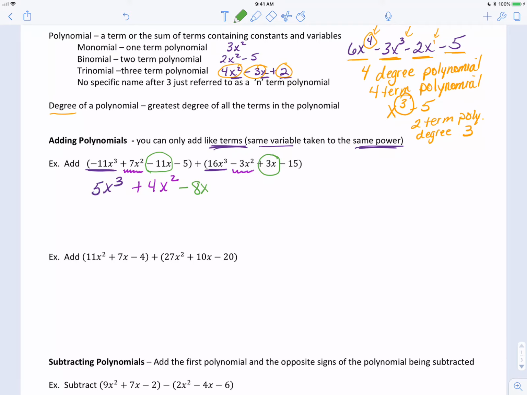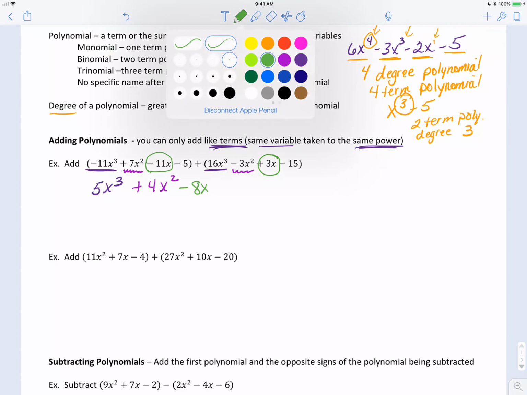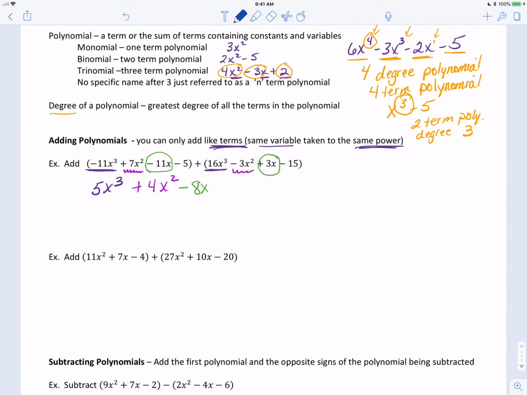We are never changing that variable. And last, then, we have this negative 5 and a negative 15. We're adding those together, so that makes negative 20. And that is your final answer, because we've joined all of our like terms together, and that's as far as we can go. We can't join any other terms.